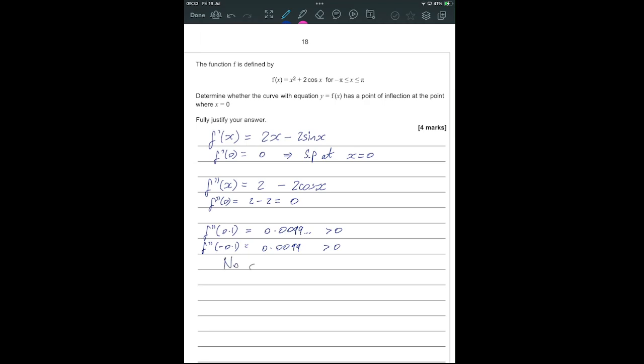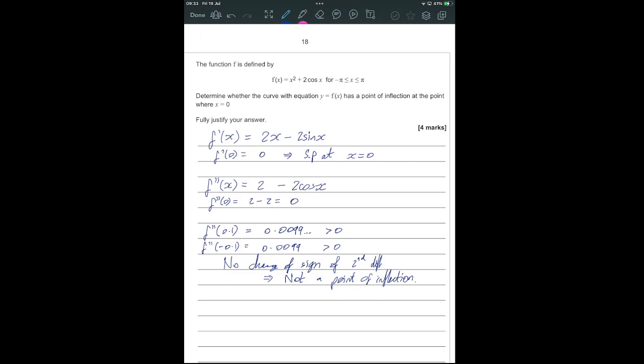So there is no change of sign of the second derivative, which implies it is not a point of inflection. Not often do they give you these where the answer is no, but it is.